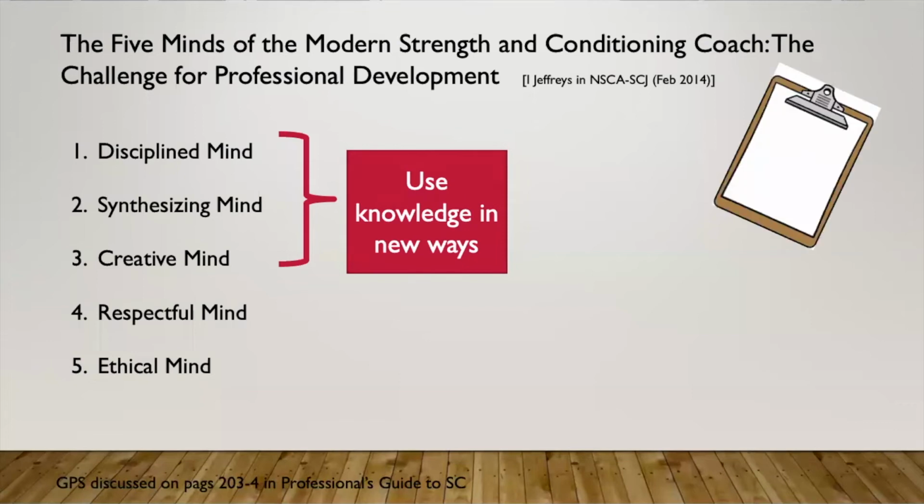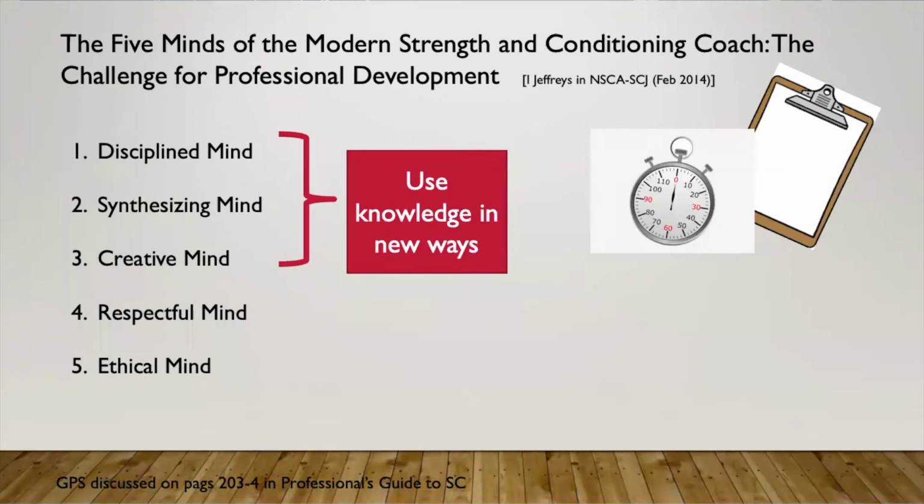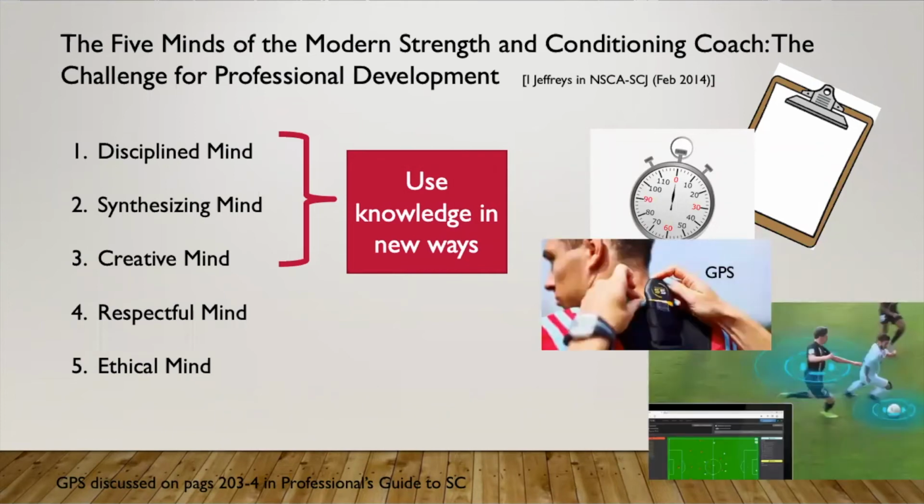So I am suggesting that you use the clipboard to observe what's going on in the individual athletes you're responsible for coaching. You can use things as simple as a stopwatch to determine how long the activity takes, or a measuring stick, how long they go or how far they go. And you can go all the way up to something really sophisticated, and this is just an example of a global positioning satellite system.